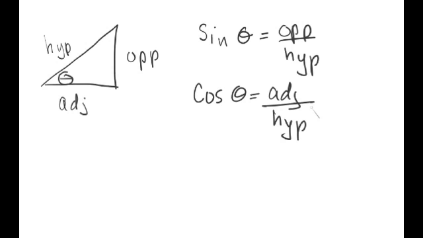Now, because we are dealing with velocities, we're going to rewrite, or relabel, these sides in terms of velocities. So we go back to our right triangle with our reference angle theta, and instead of a hypotenuse we have the velocity vector v. On the adjacent side we have the velocity vector v sub x, and on the opposite side we have v sub y.